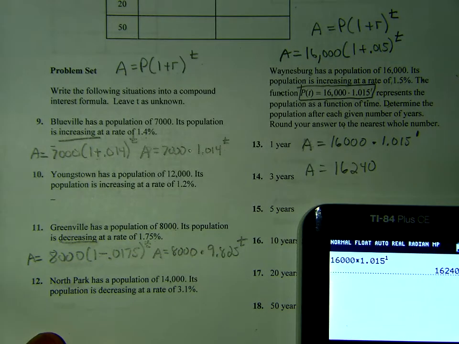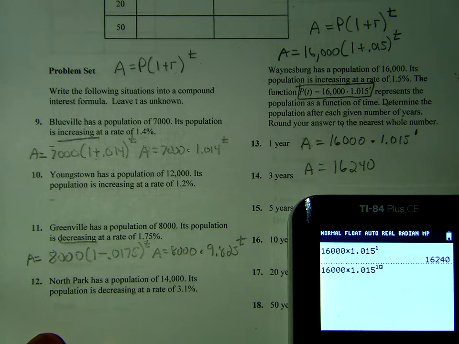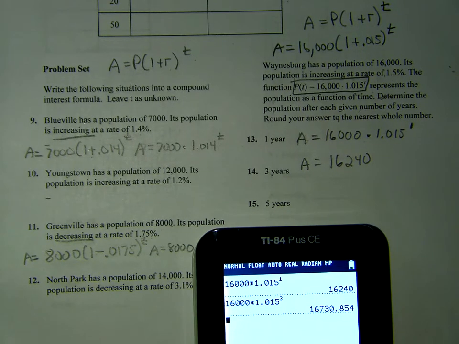If you want to do 3 years, we'll simply hit second and enter again, tab over, and change this to 3, and get our answer there. We'll round to the nearest whole number.